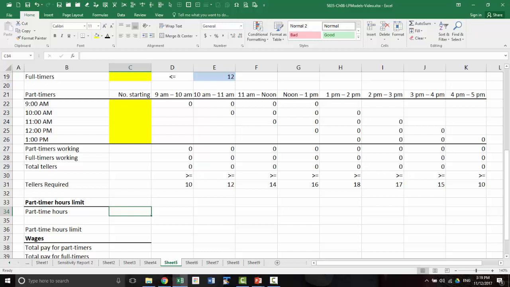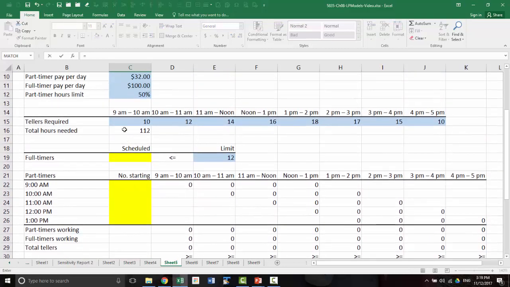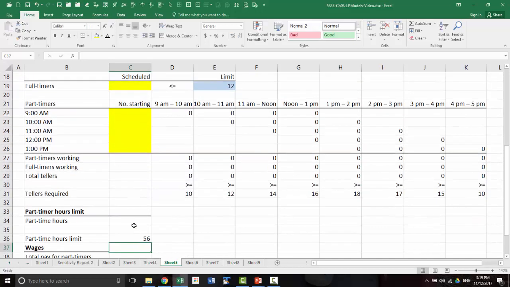Now let's look at the part-time limit. The part-time limit is the total hours needed times the percentage limit. Now, what is the total part-time hours? Here we have to be careful.